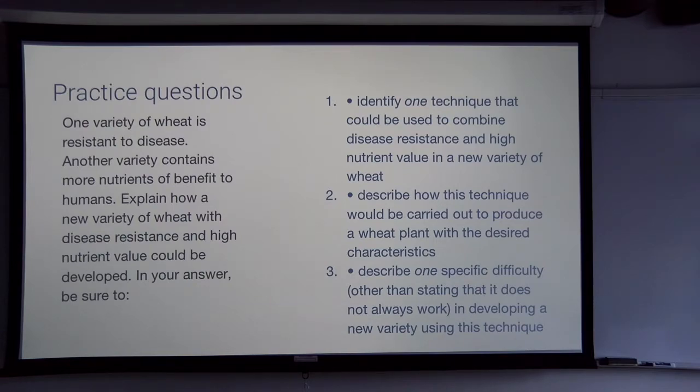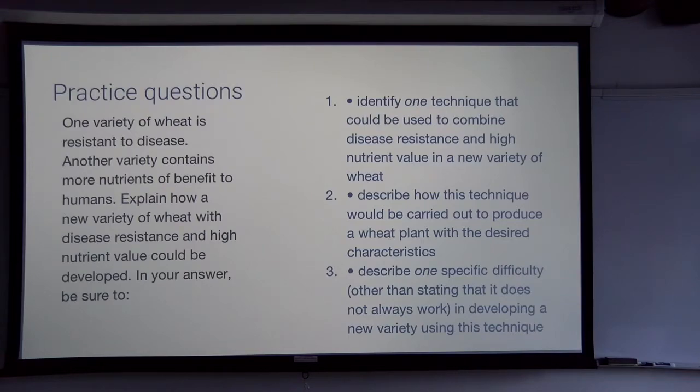All right, so 2 minutes is up. Let's take a look at the answers. For the first one, you could have used genetic engineering, selective breeding, or cross-pollination. Any of those could have worked. The second one, describe how the technique would be carried out to produce the wheat plant with the desired characteristics.